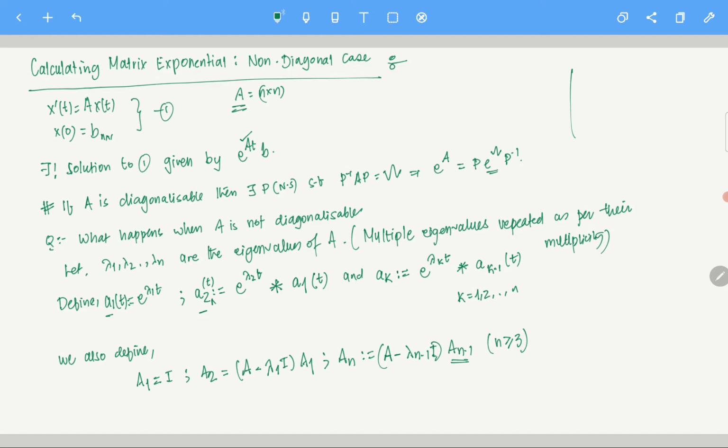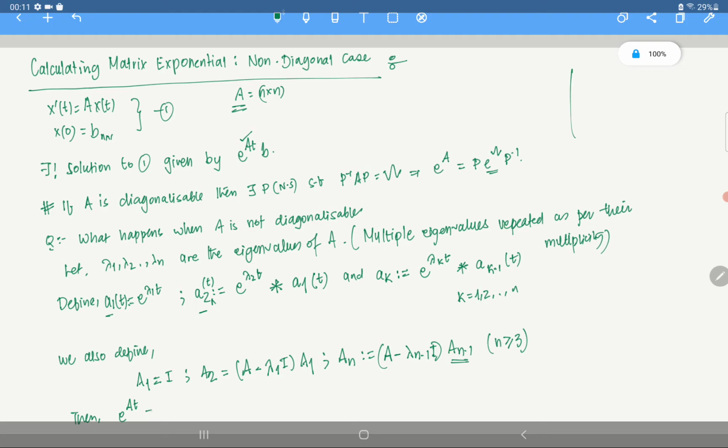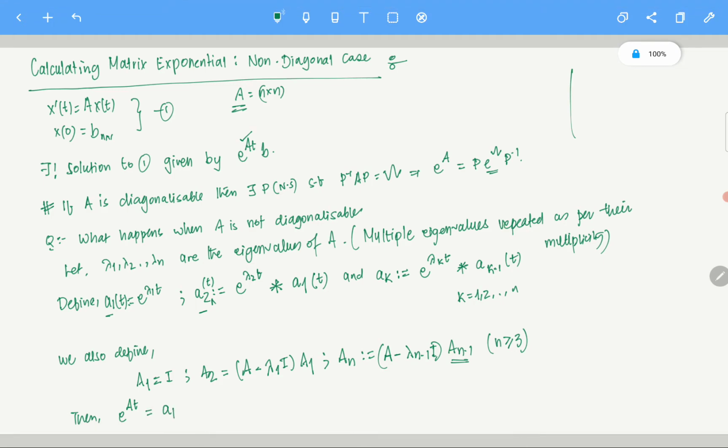Now once you do that, this is the brilliant part about it: e power At, you can write it as small a1 times capital A1, plus small a2 times capital A2, and it goes on like this, plus small an times capital An.